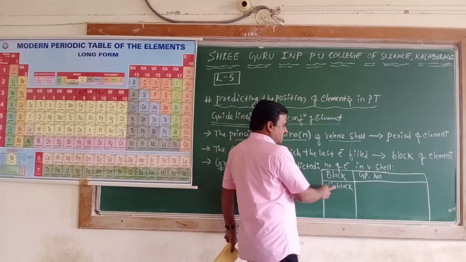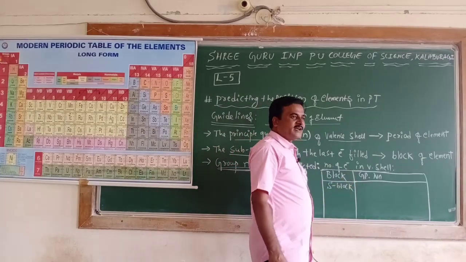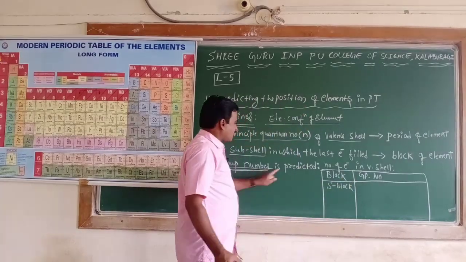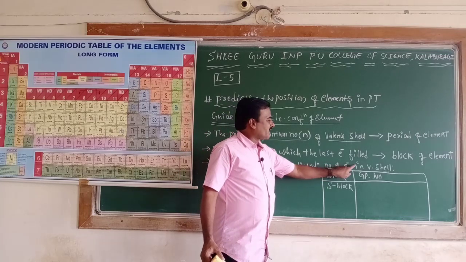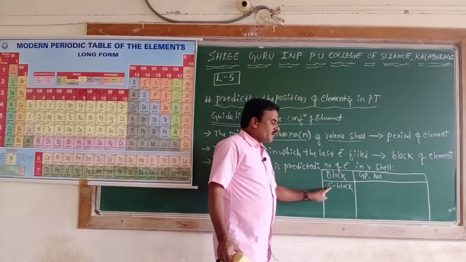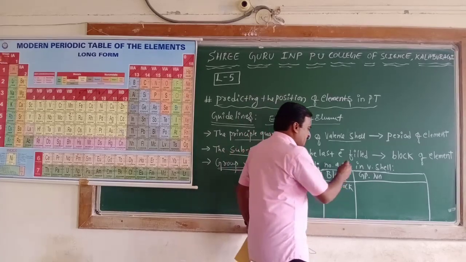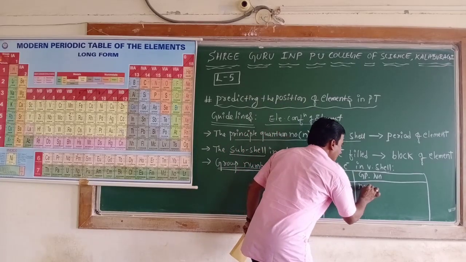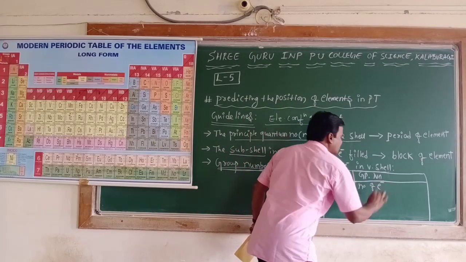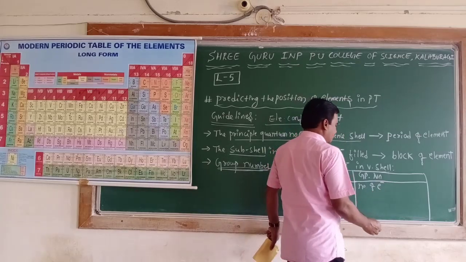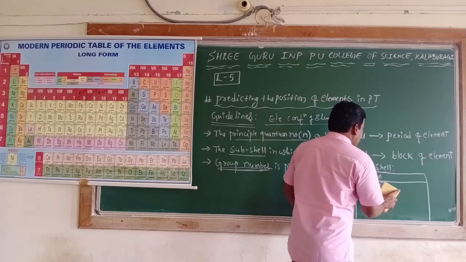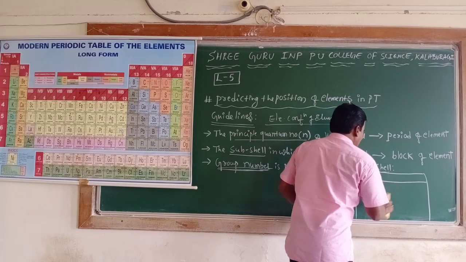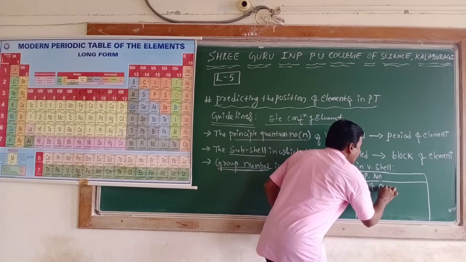Mainly the group number is predicted with the total number of electrons in the valence shell. For the s block, the group number is predicted by the number of ns electrons.